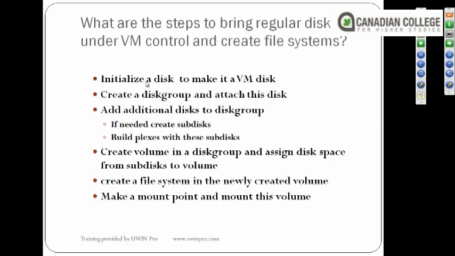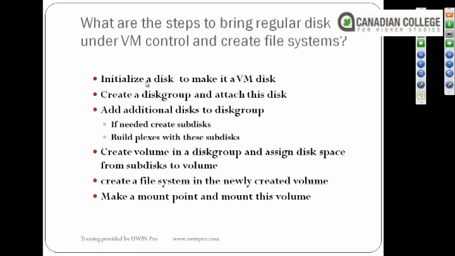We create volumes. So volumes are within where? Volumes are within the disk group. The disk group is made up of VM disks. VM disks are made from physical disks. Okay, you understand? Only 4 things.